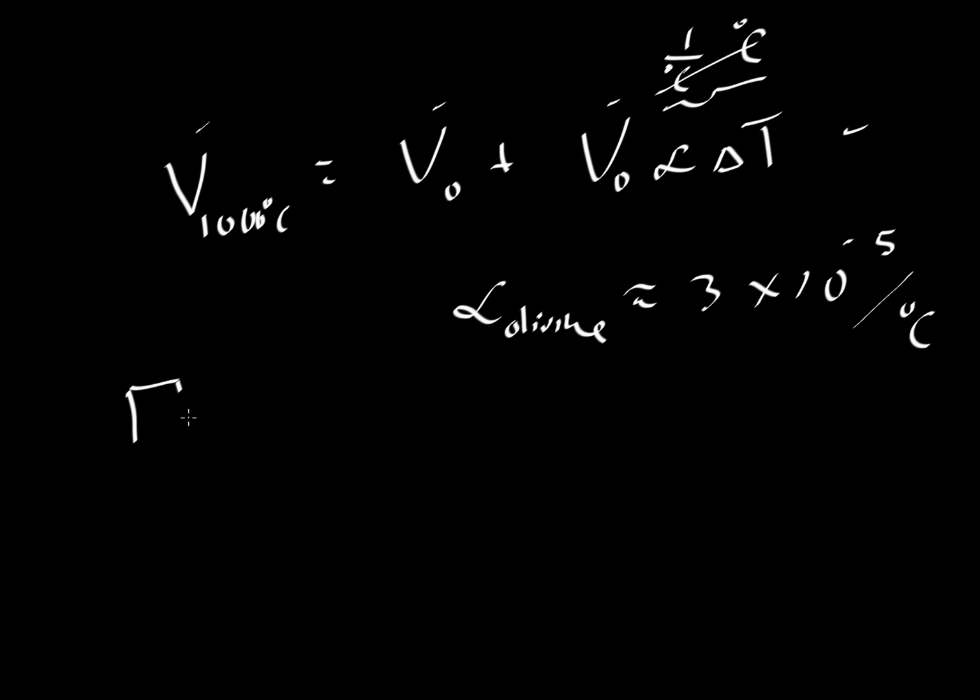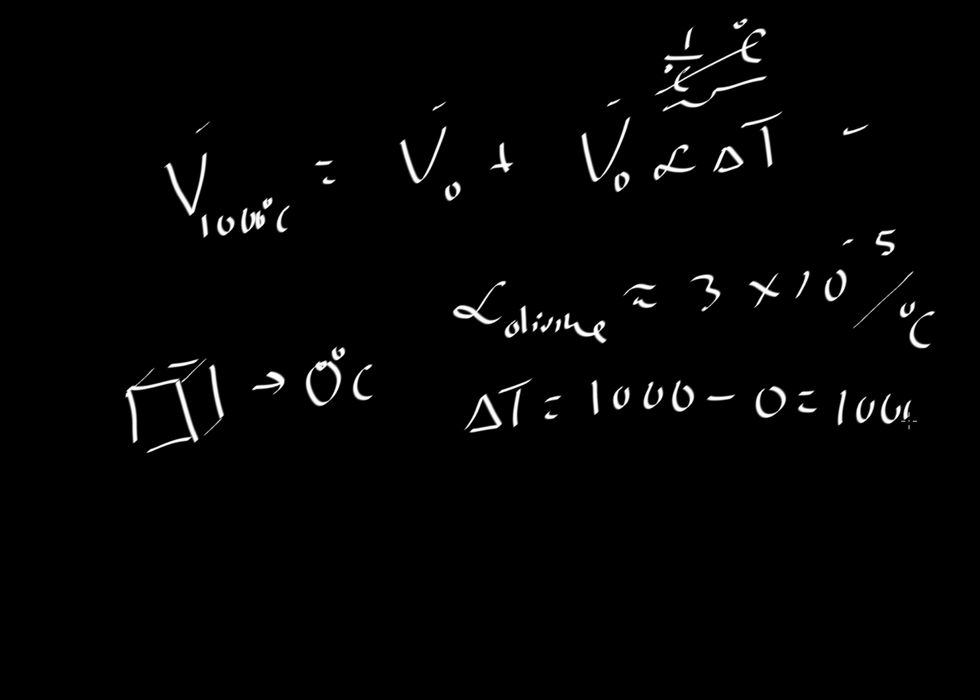Let's say your little block of olivine has been sitting in the freezer at 0 degrees centigrade. So the delta T, if we heat it up to 1,000 degrees, would be 1,000 minus 0 equals 1,000 degrees centigrade. And so if we put that into this part of the equation here, we would get that the value for the volume at 1,000 degrees centigrade of olivine is equal to our original value.